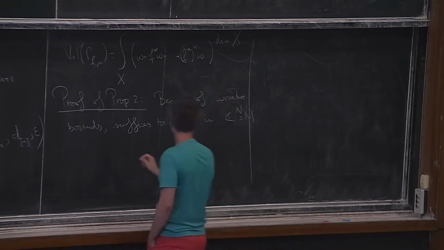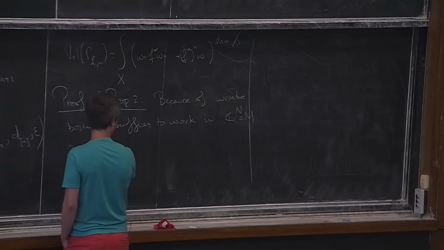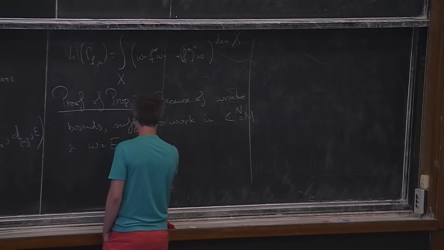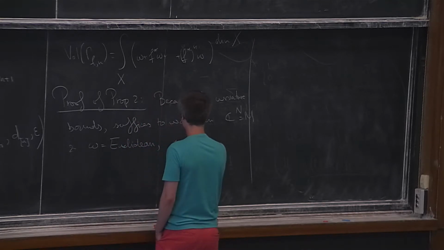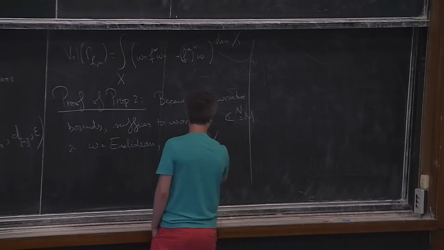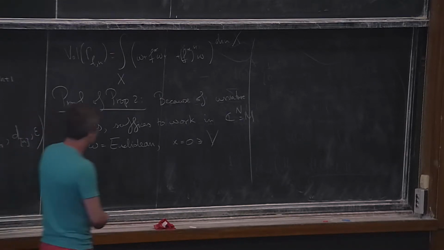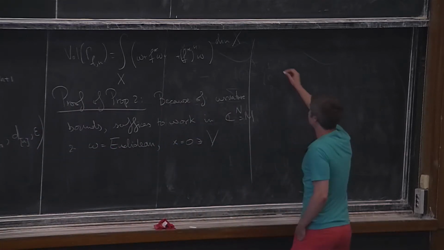This is our ambient manifold, and omega is Euclidean, and x equals 0 is in V. So because of the fact that I'm assuming that my manifold has some bounded geometry at all scales, I can just assume that we're actually working in flat space. And since I'm not interested especially in the sharp delta here, this is safe. So in this case, we have something more general.